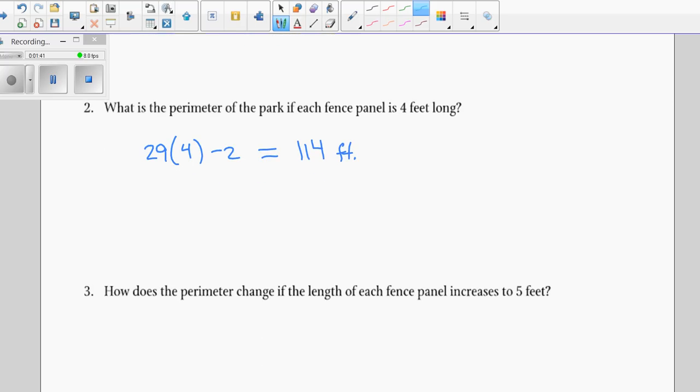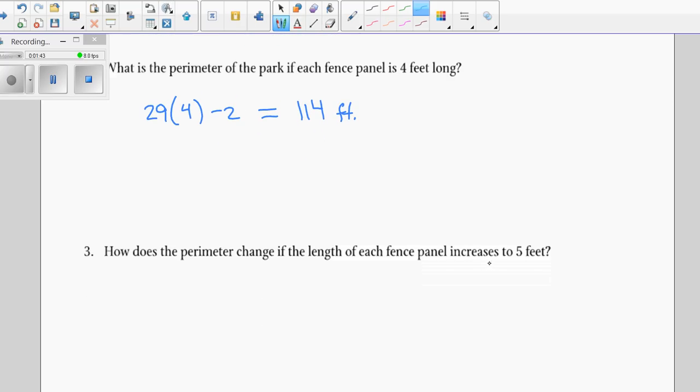Number 3, how does the perimeter change if the length of the side panels increases to 5 feet? So that means instead of 29 times 4, we're going to do 29 times 5 minus 2, and that actually gives 143 feet. So the question is, how does this change if we increase it? Well, we now have 143.